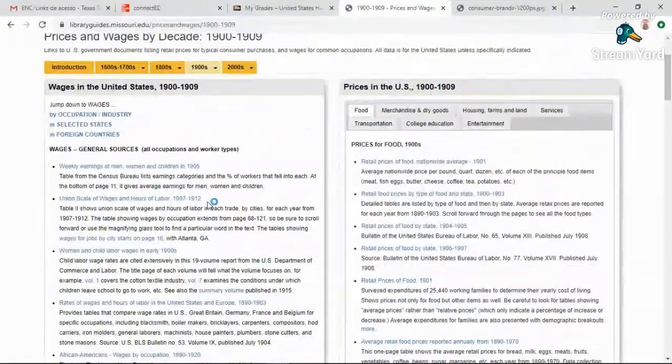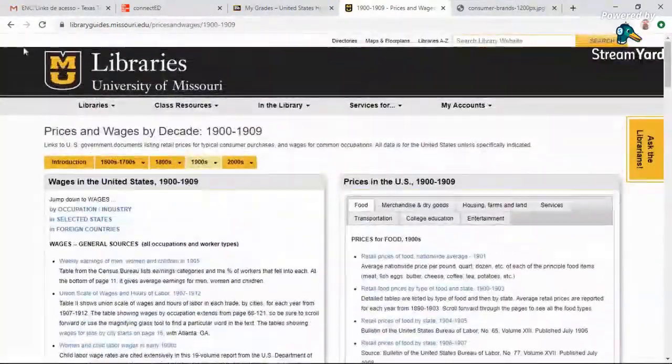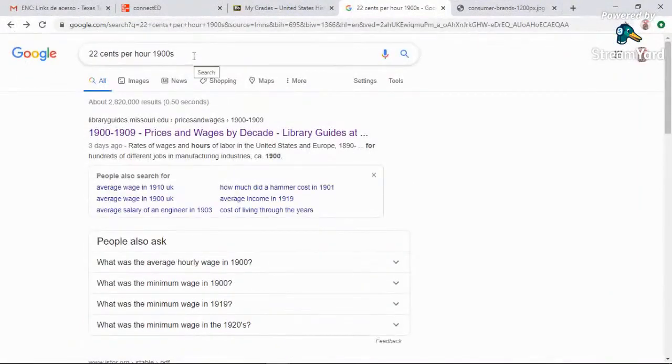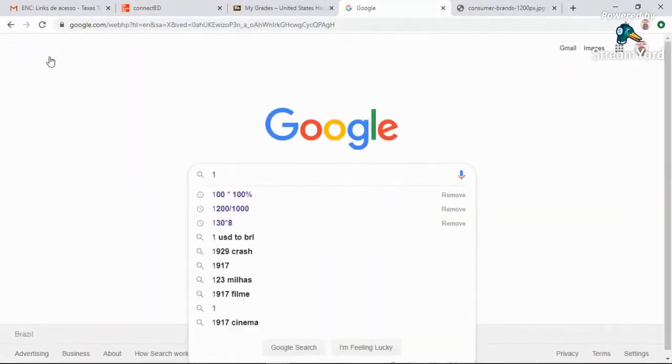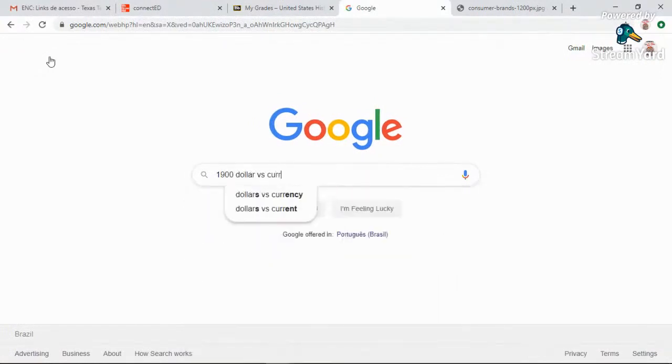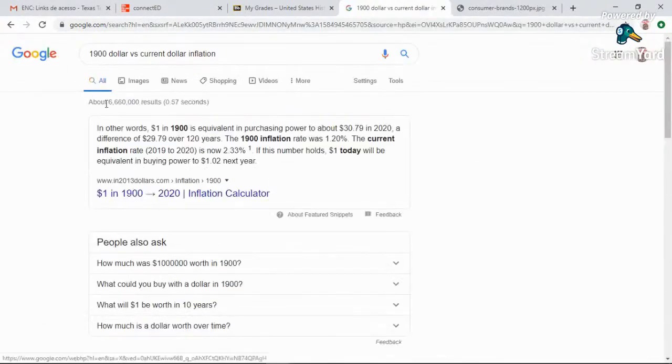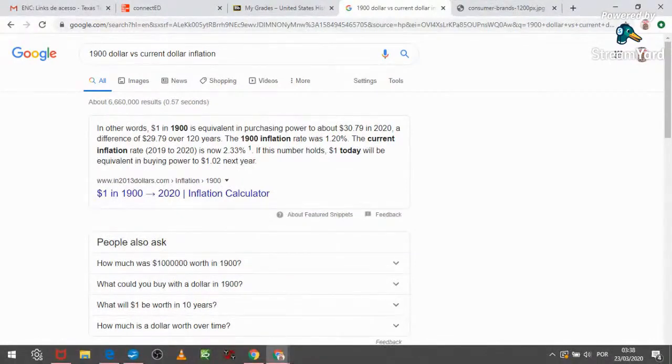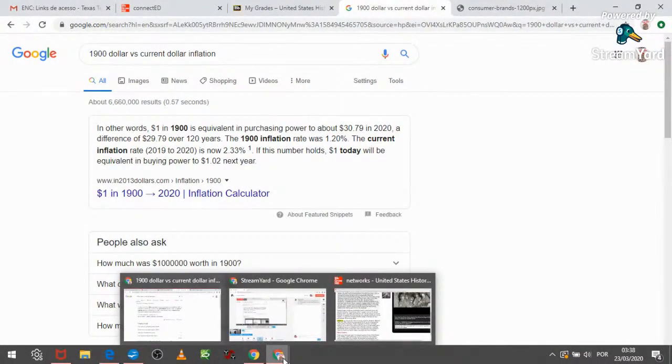I'm sorry. Let's see. $1 in 1900 is like $30 now. So multiply 12 of those by the 30 and you get an idea of how much that was. So it's not too bad.